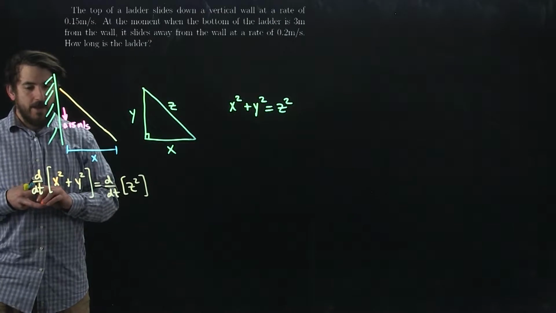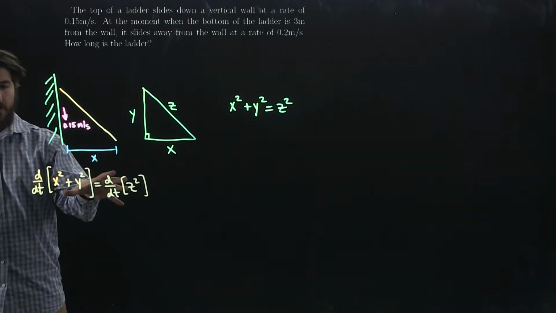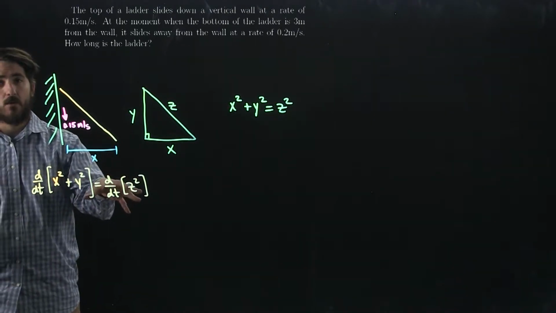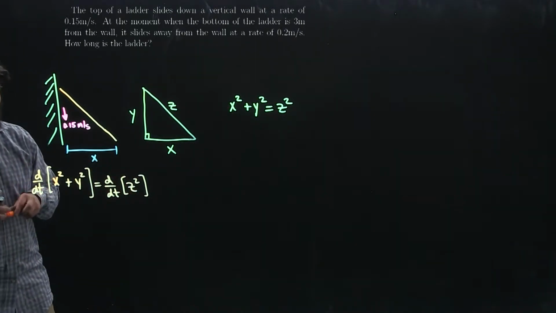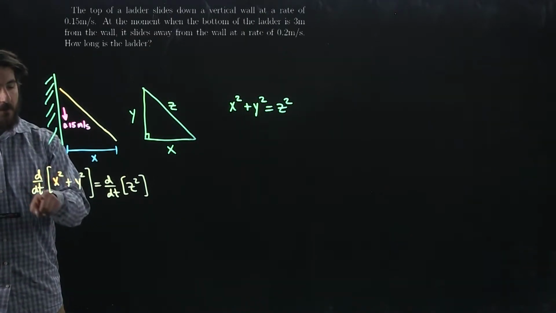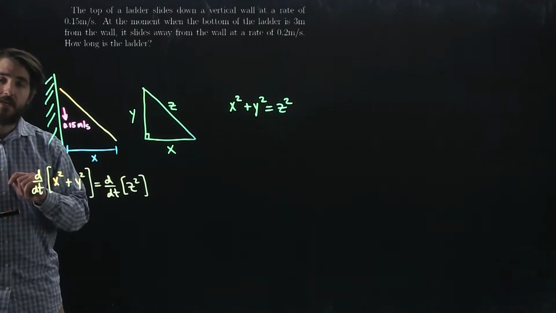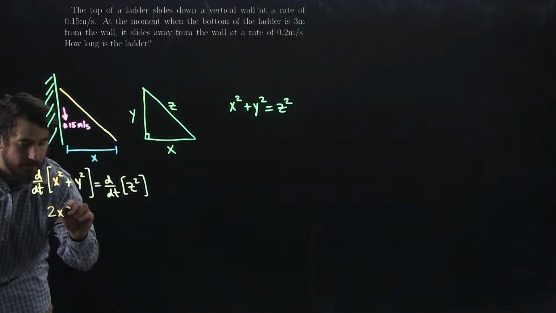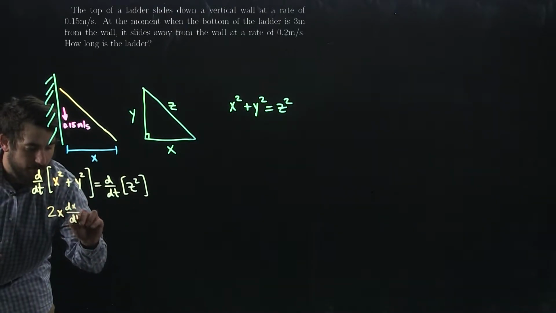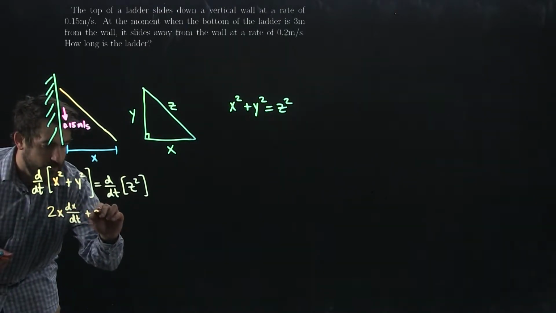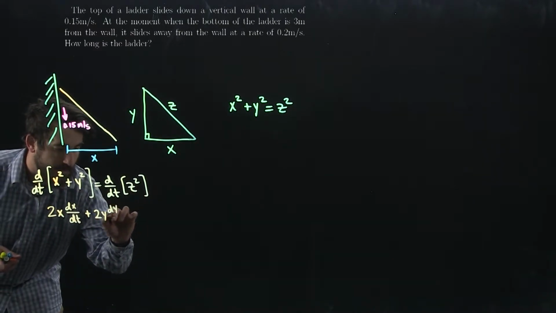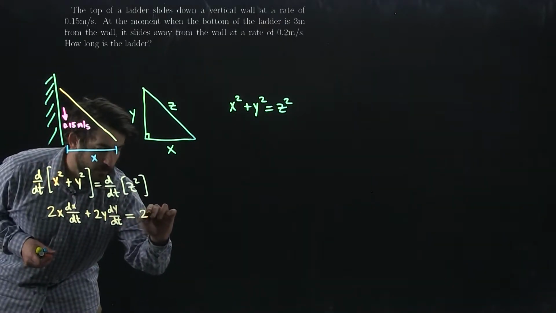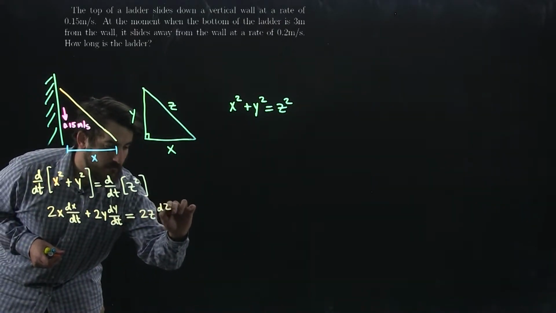In order to do that, I am implicitly differentiating both sides of the equation with respect to t. So remember, when I take the derivative of x squared with respect to t, that's going to be a chain rule. So that's going to result in 2x dx/dt plus 2y dy/dt equals 2z dz/dt.